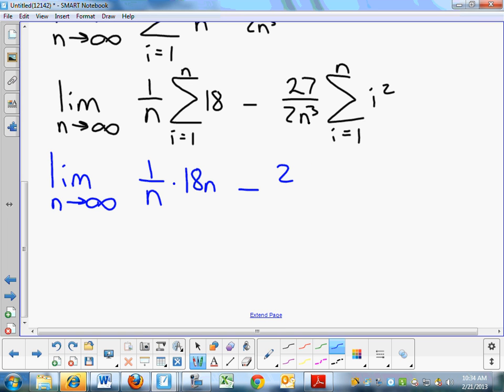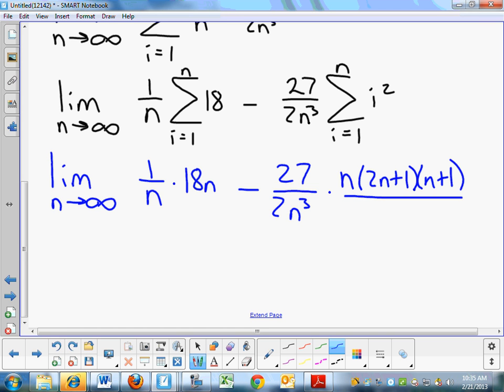Then I have minus 27 over 2n to the third times, what can I replace for that i squared piece? n times 2n plus 1 times n plus 1 all over 6.